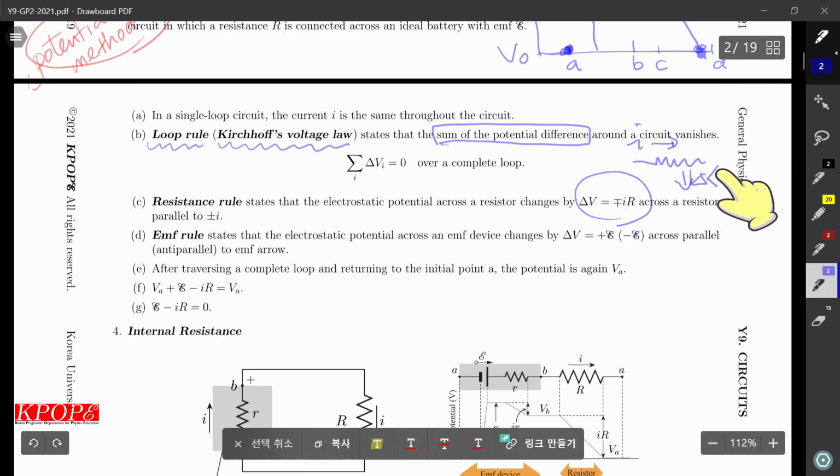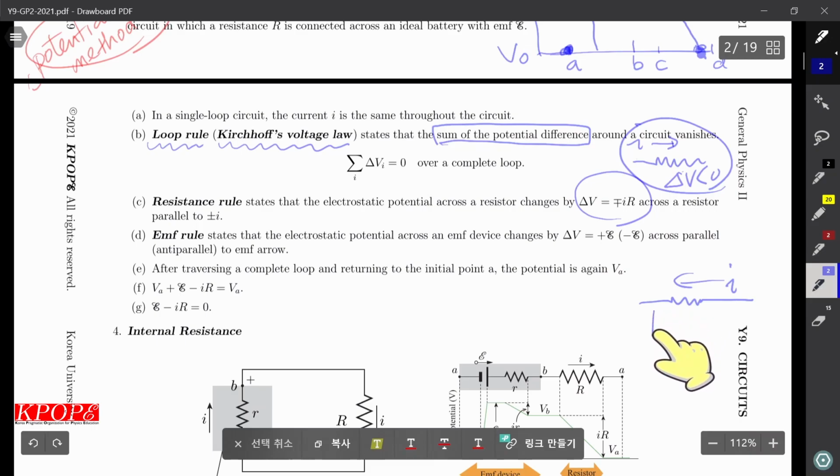Delta V is negative if you travel in the direction of the current, and if you travel opposite, it is positive. I is flowing in this direction, so delta V from here to there is negative.